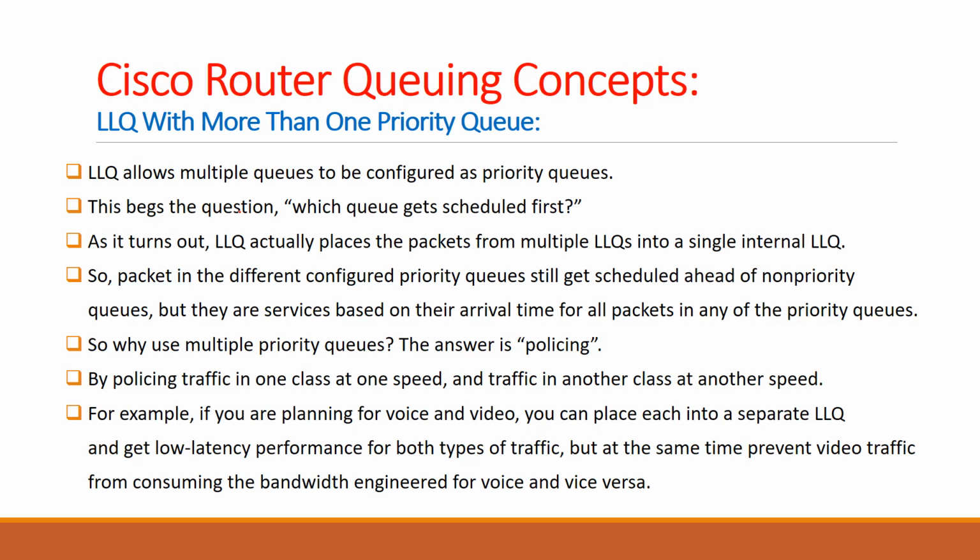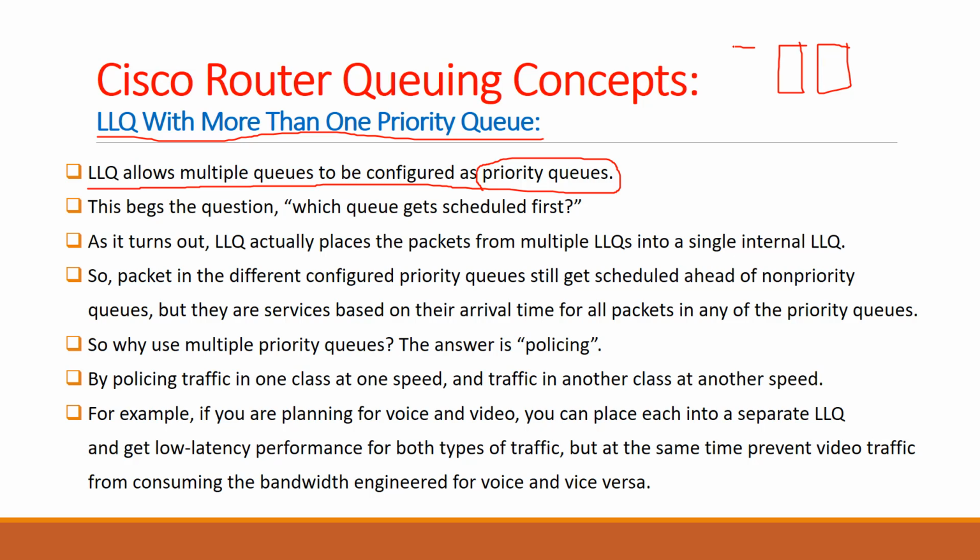So let's see how LLQ works with more than one priority queue. LLQ allows multiple queues to be configured as priority queues, because you can have, for example, 3 queues, and only 2 are configured as priority queues, and each queue has a specific configuration.